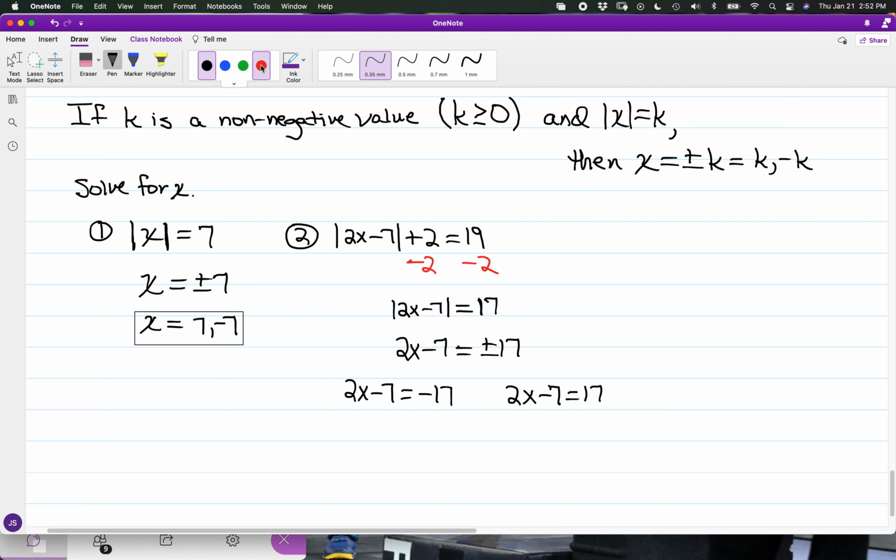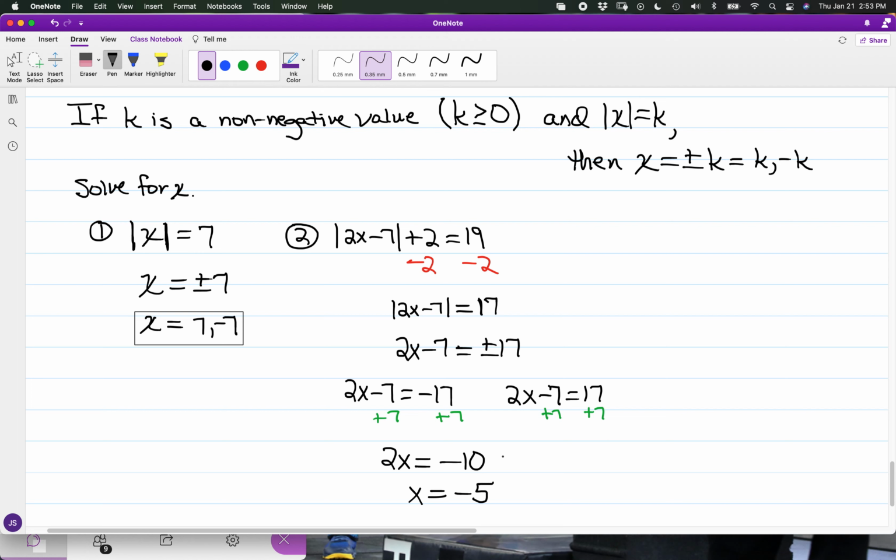So if I isolate the x term for both equations, I can add 7 to both sides. At the lower end, we have 2x equal to negative 17 plus 7, so we have negative 10. If I divide by 2, x is equal to negative 5.